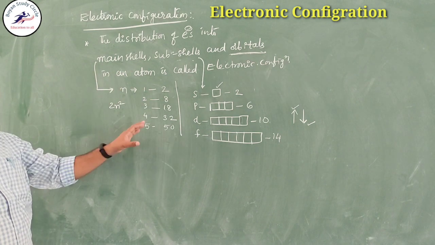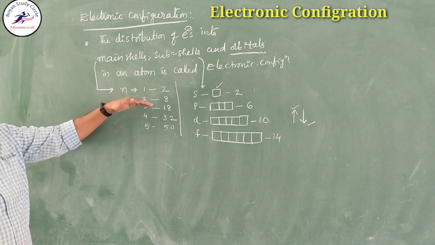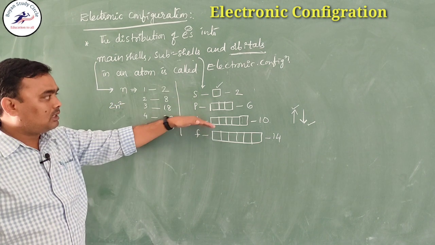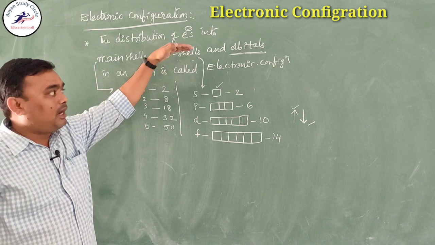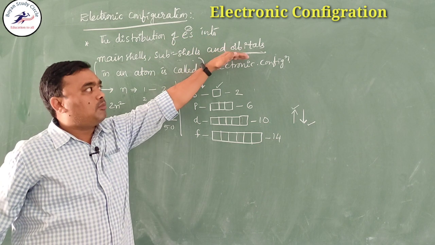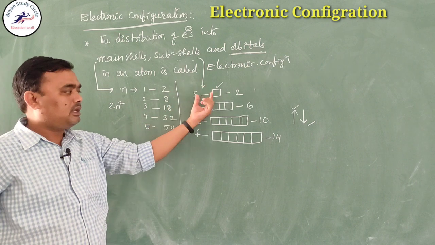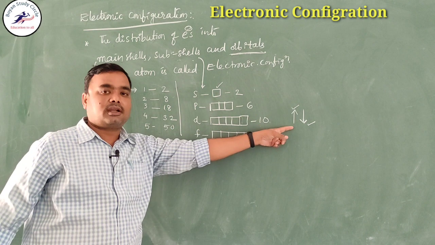If you know the fundamentals, that means the maximum number of electrons in the main shell, in the subshell, and in the orbital, then here is the information: here are the subshells, and in each orbital you can write 2 electrons.